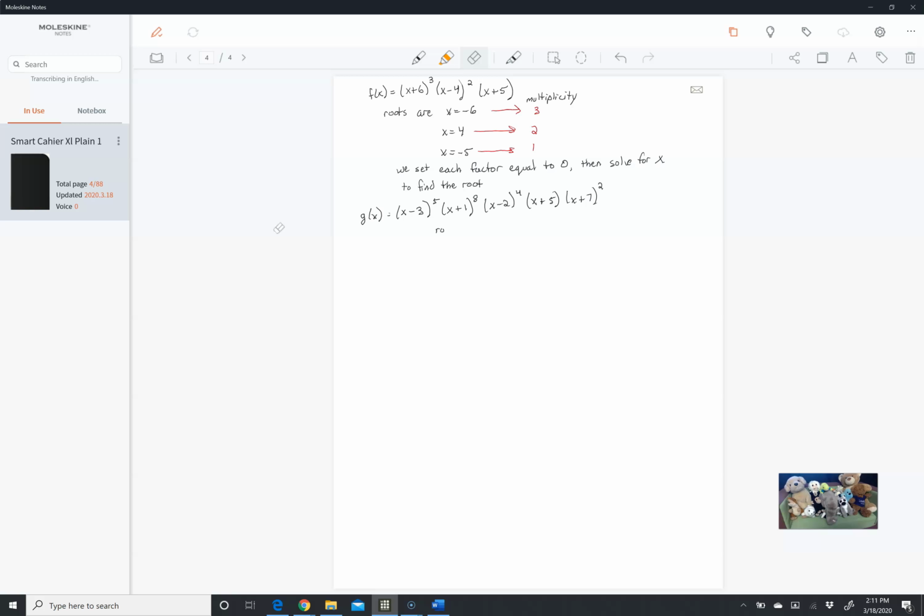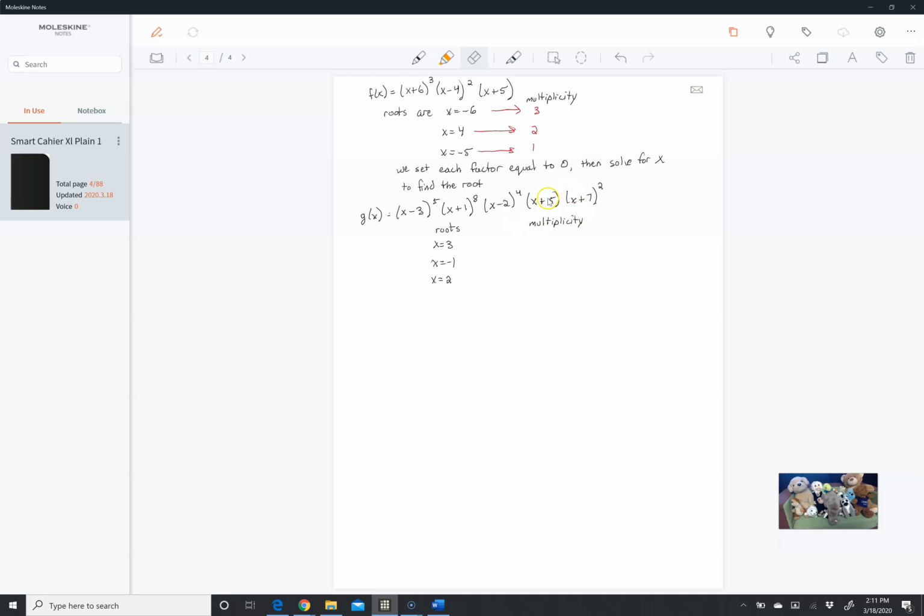So we'll make a little table here. We'll have the roots, and then we'll have the multiplicity. So our roots here, from x minus 3, we have the root x equals 3. From x plus 1, we have the root x equals -1. From x minus 2, we have the root x equals 2.